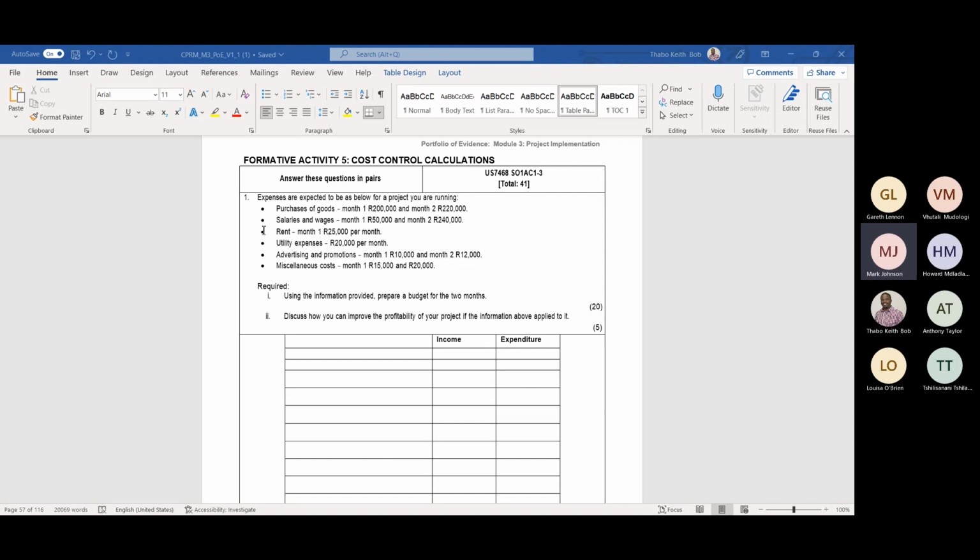So what is our income? I see a lot of expenses there: purchase of goods, salaries and wages, rent, we know that. So what is the income? Any ideas, guys?